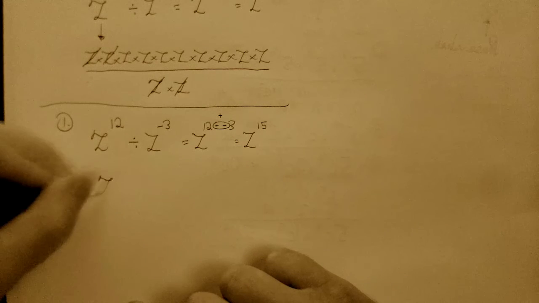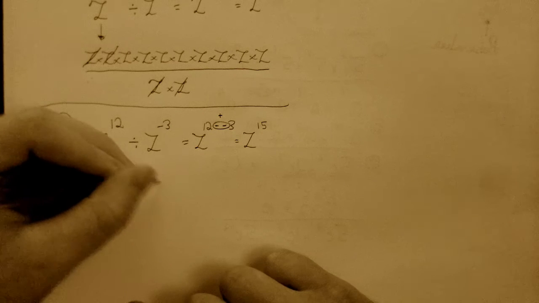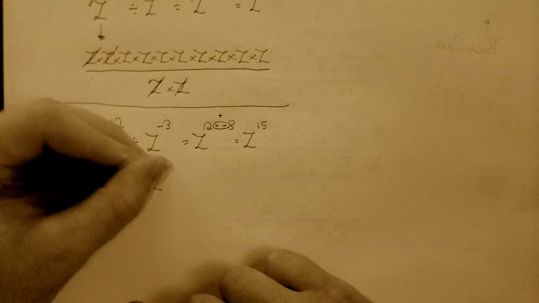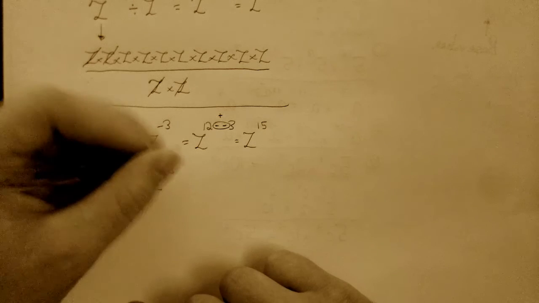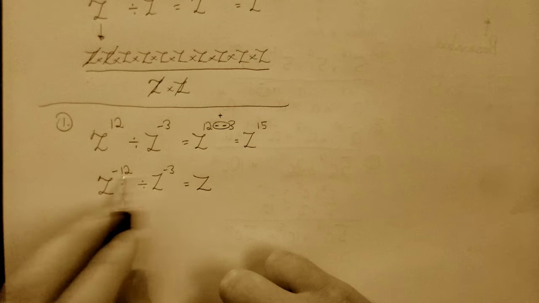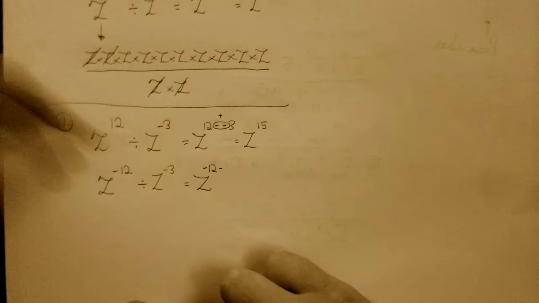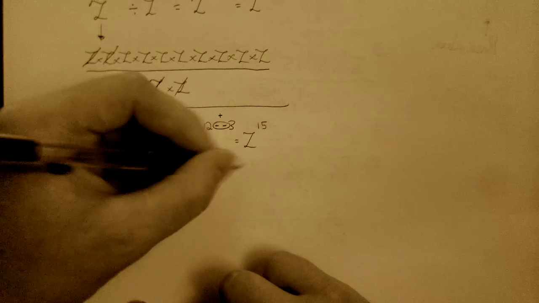Let's go for z to the power of minus 12 divided by z to the power of minus 3. I'm going to follow the exact same pattern. It's division, so I'll have to subtract these two. So it's minus 12 subtract a minus 3.